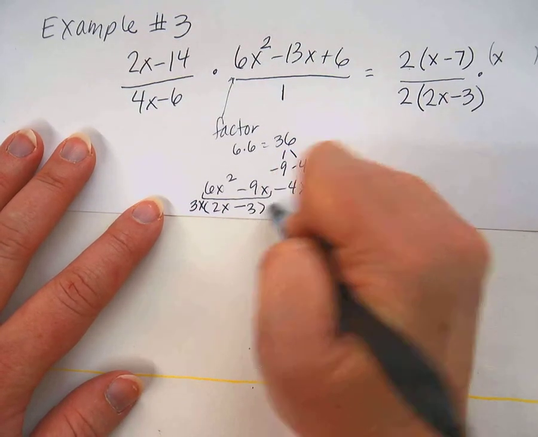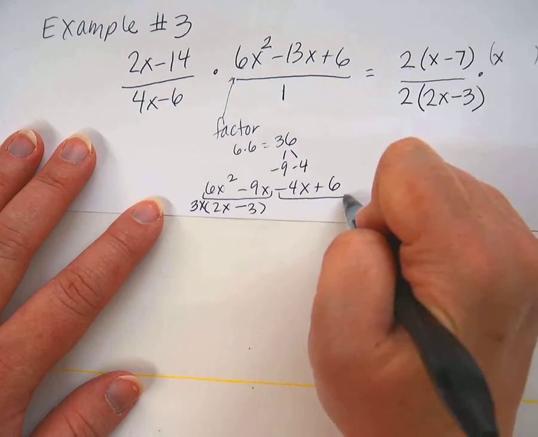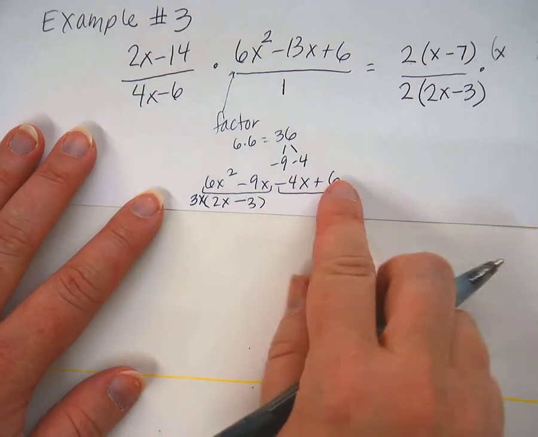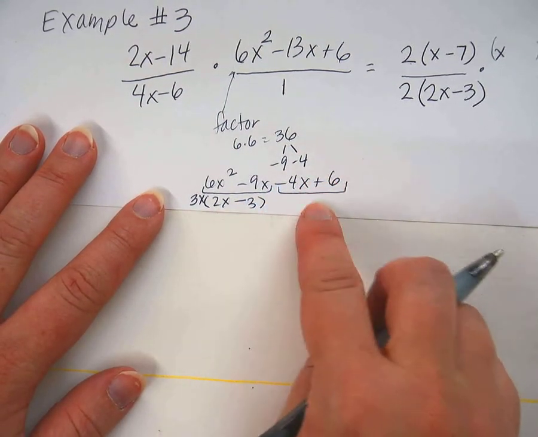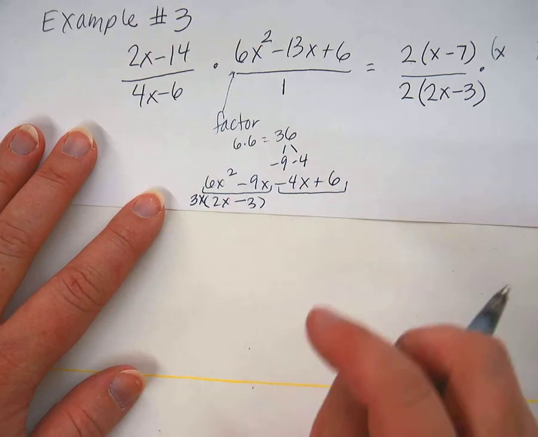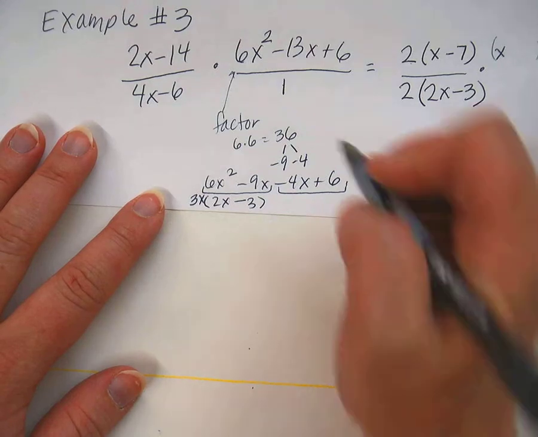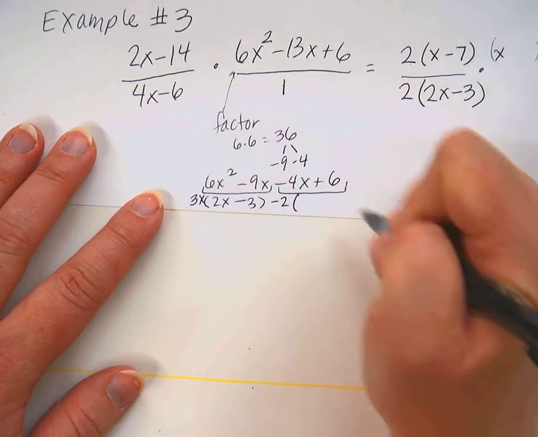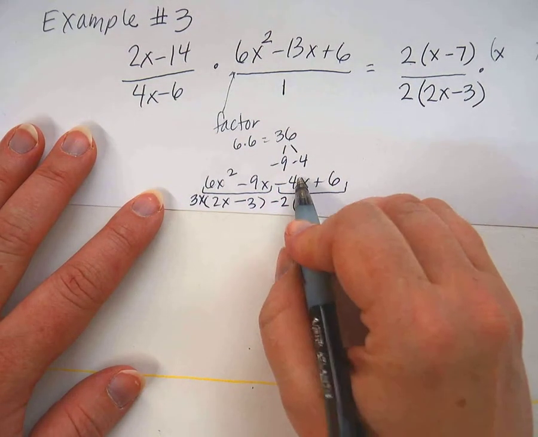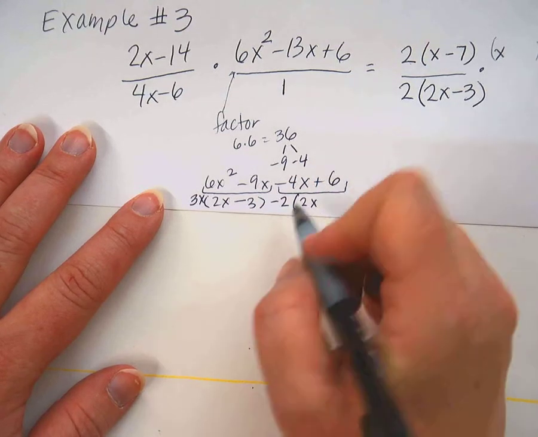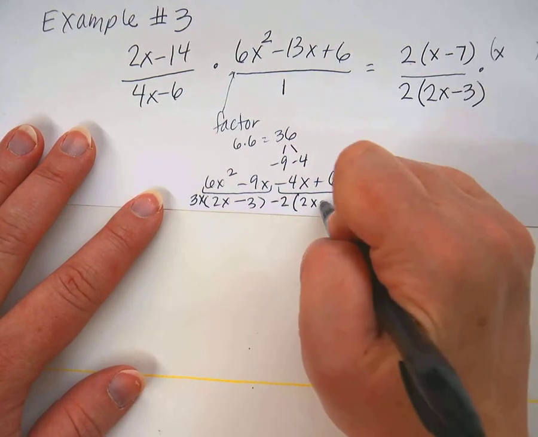3 is correct. Good. Okay, now let's factor something out of negative 4x plus 6, and our goal is to turn this part into 2x minus 3 so it matches. Just a positive 2? Negative 2. So then negative 2 out of negative 4 is positive 2, and negative 2 out of positive 6 is negative 3.